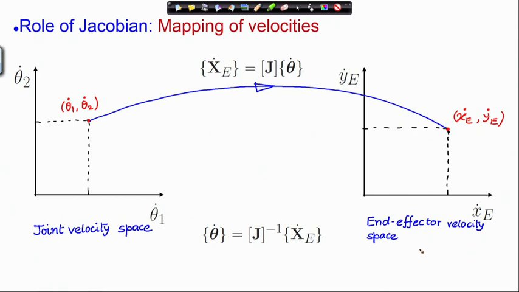So, this mapping is the forward velocity relation, and the reverse is the inverse velocity relation, which takes us from the end effector velocity space to the joint velocity space.